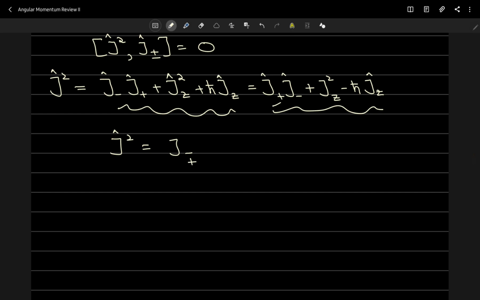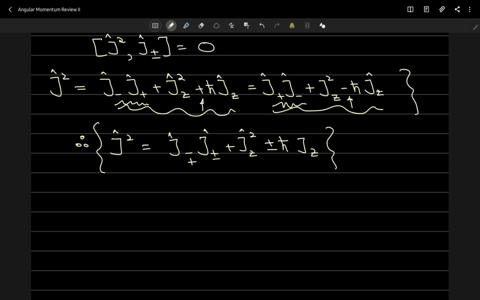If you note over here, we switched the positions of these operators, and that's why we had this negative sign over here and positive over here. So I wrote this general expression using these two equations.